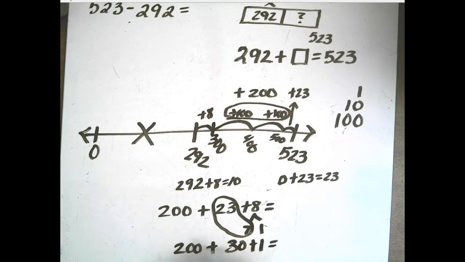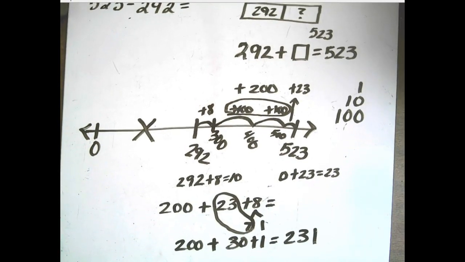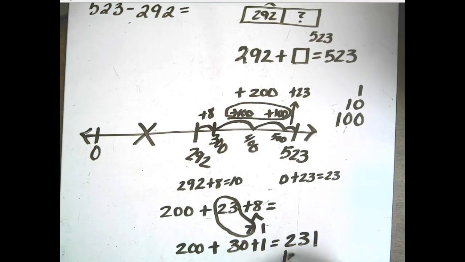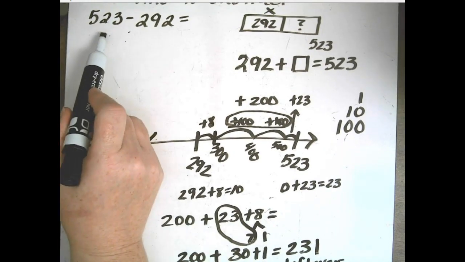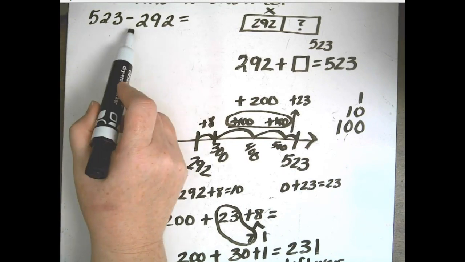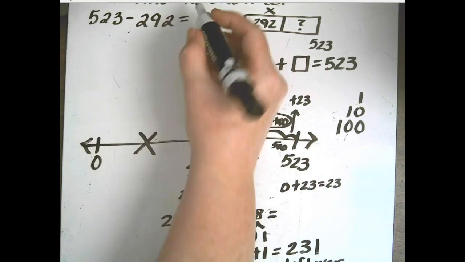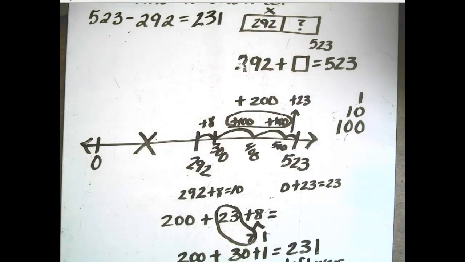You have to add your 200 back in. So now you have 231. 231 is the missing part, what is left over from the original equation, 523 take away or subtract 292 equals 231.